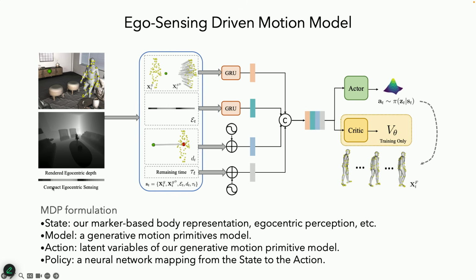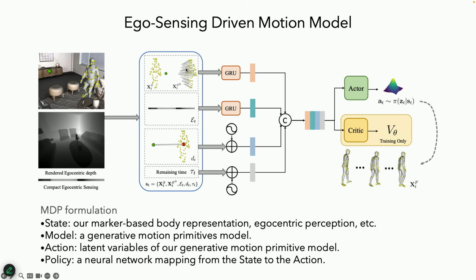So we actually used a very compact egocentric sensing feature to represent what people see from the environment. So the idea is the people's movement, like all these virtual humans' movement, should really depend on what they see. And after they move, what they see changes, right? So there is a perception action loop even for this virtual human.